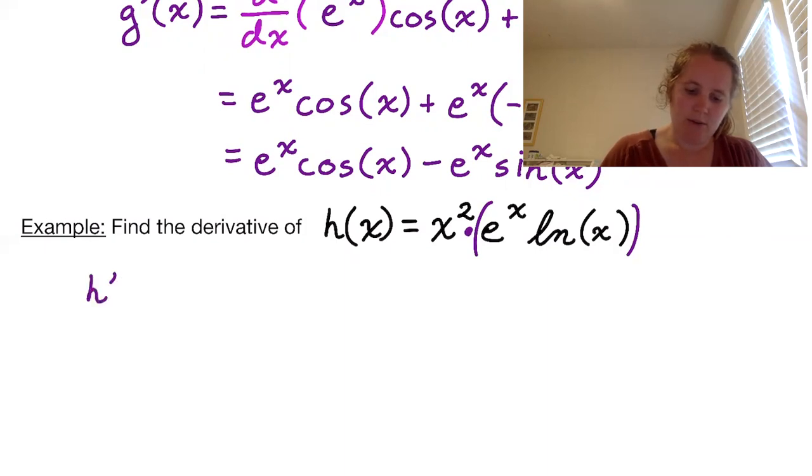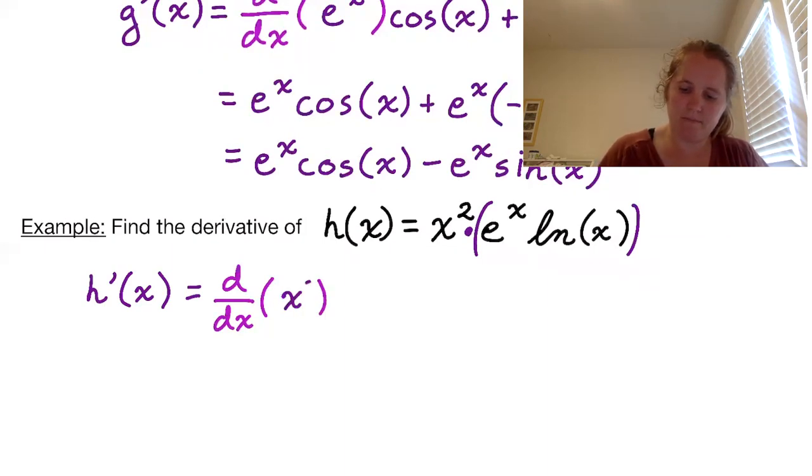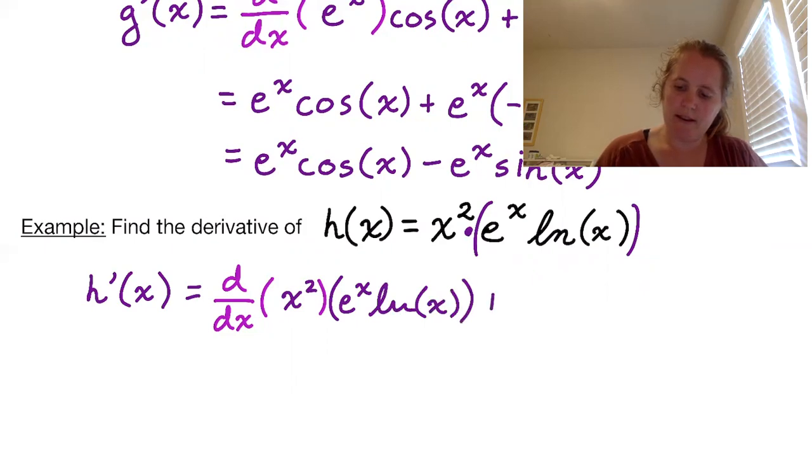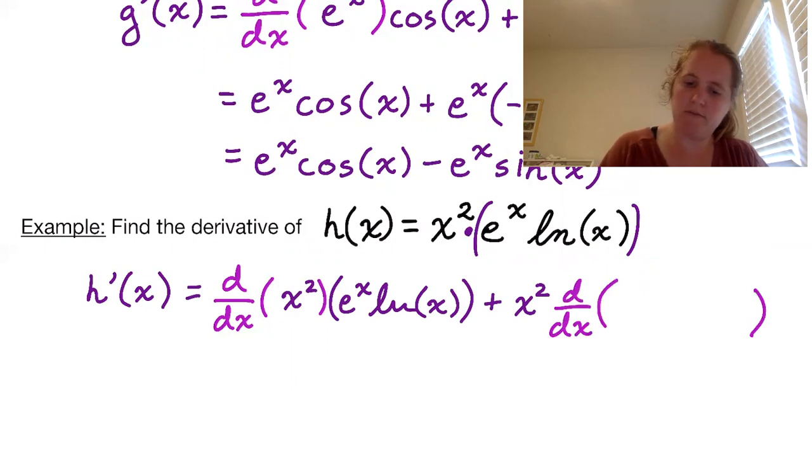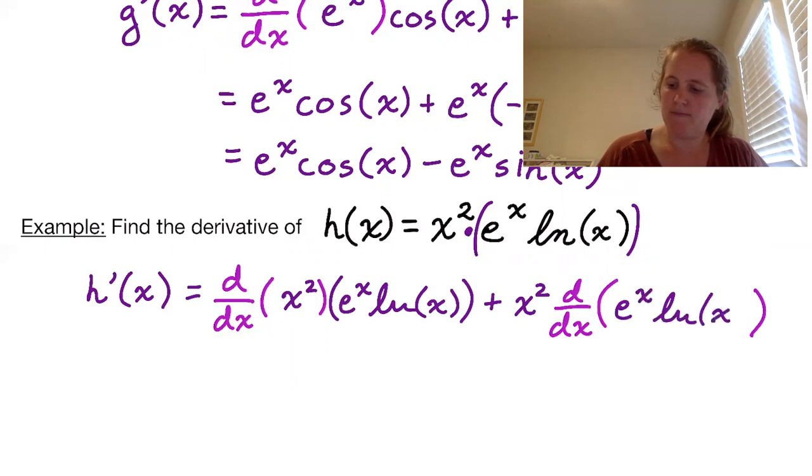So we have h prime of x is equal to the derivative of x squared times e to the x natural log of x. Then to that we will add x squared times the derivative of e to the x natural log of x.